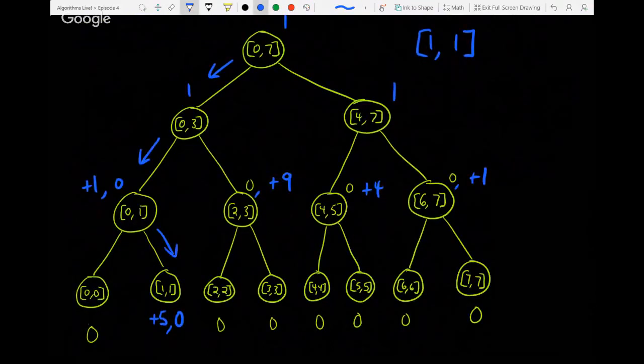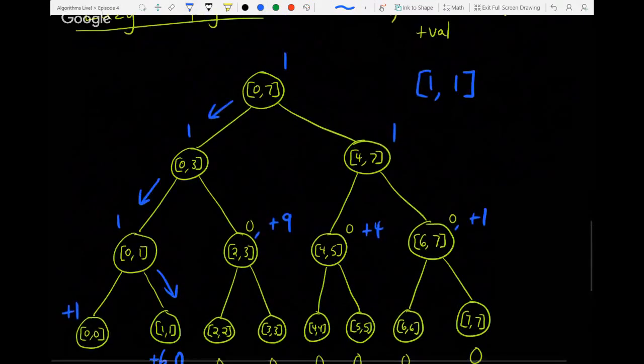I get down to 1, 1. This change gets propagated, so +1, +6. Now I can update my min value. I know that the answer here is going to be 6 for 1, 1, because the change got lazily propagated down. And on my way back up the tree, I save what the true min value is, because at all times I need to know for a given subtree, what's the min value in that subtree.